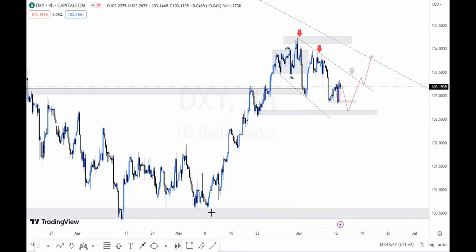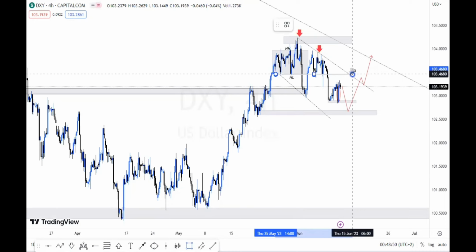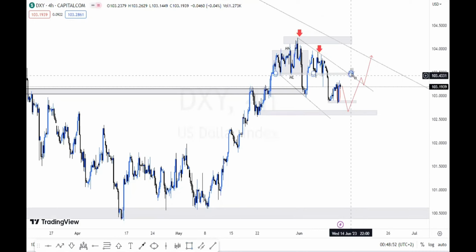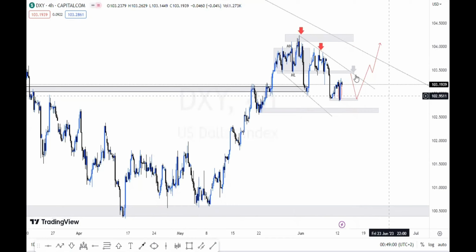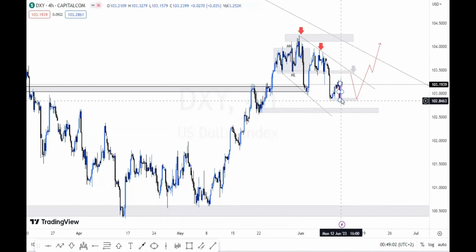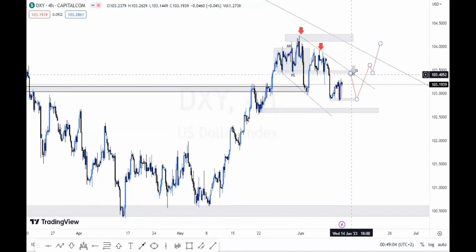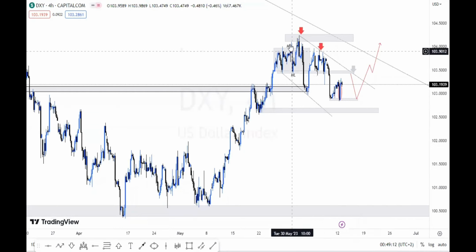If it's a valid wave, it would make sense for price to come here to give us something like this, I guess. Or even price might come to this level, break it, and continue to the upside, and not even come back to retest this level. That's if this, because I'm caught up in between.